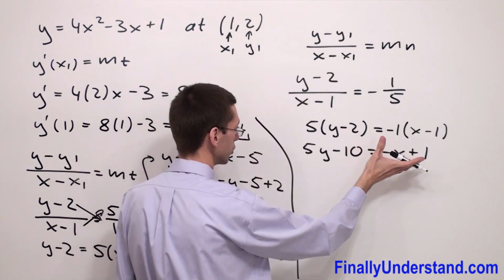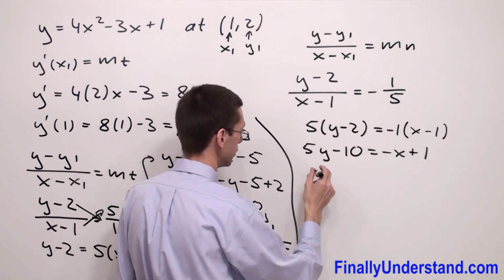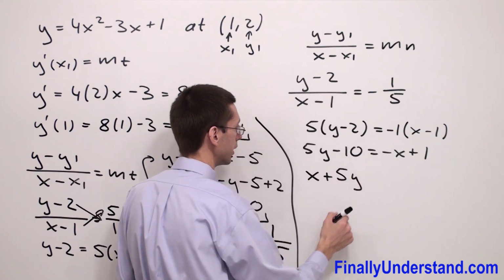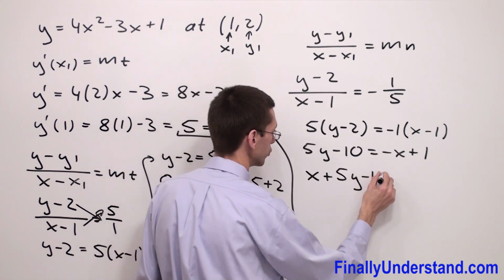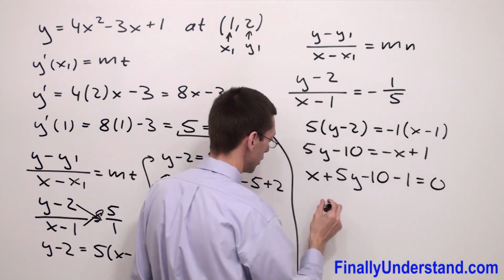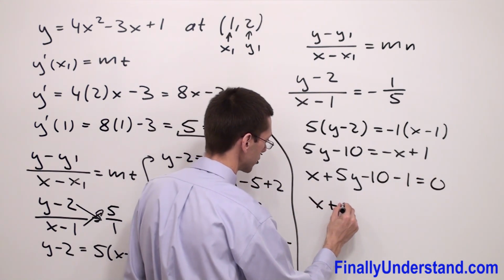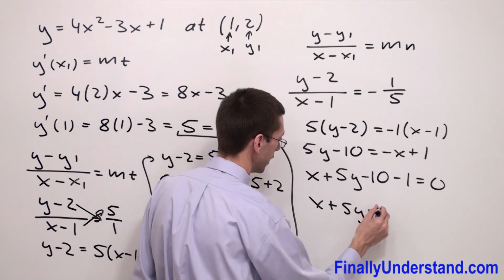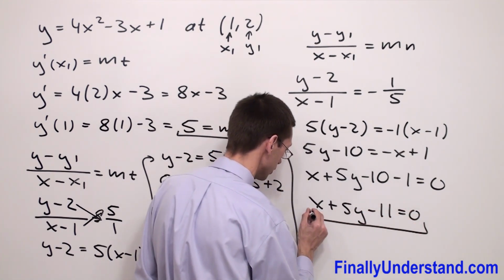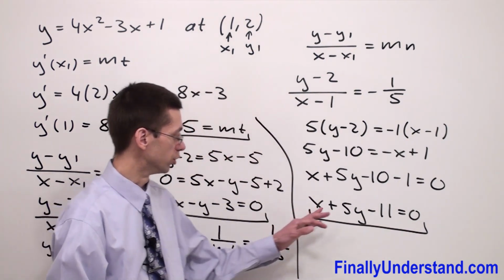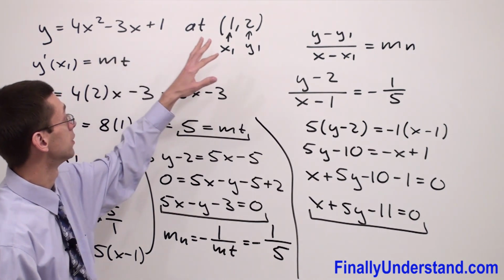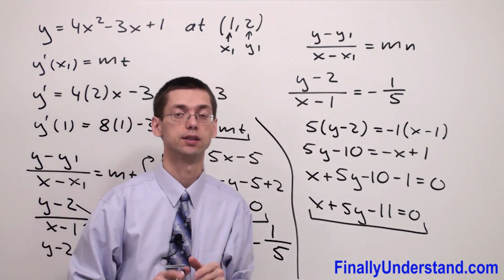Bring every single term from the right side to the left, and we are going to have x plus 5y minus 10 minus 1 is equal to 0. So I have x plus 5y minus 11 is equal to 0. And this is the equation of the normal to this curve at this point. So we can say that the problem is solved.